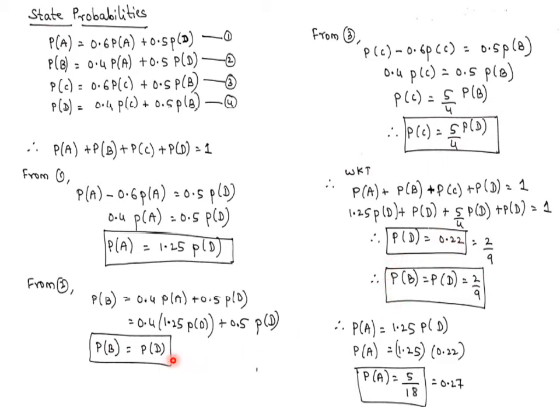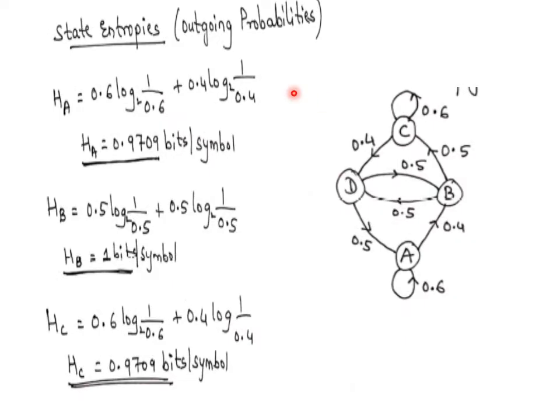Since P of B is equal to P of D, the value is 2 by 9 for P of B. And from equation 1, on simplifying, we obtain P of A as 1.25 P of D. Substituting P of D, we obtain P of A as 0.27. Similarly, in order to compute state entropies, consider only the outgoing probabilities at the particular state.